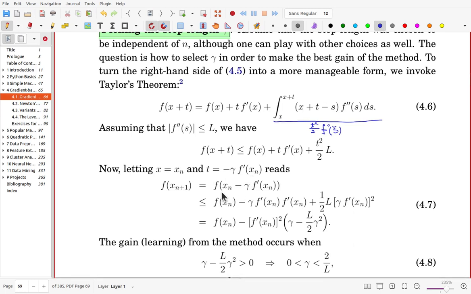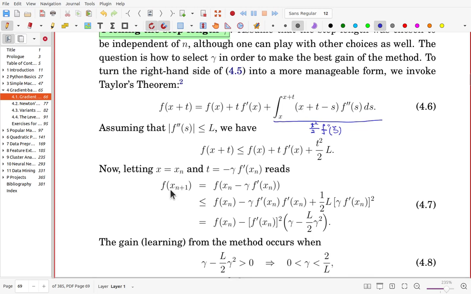Then x plus t will be xn plus 1. By using this inequality, we reach this one, and algebraically we can get that one.